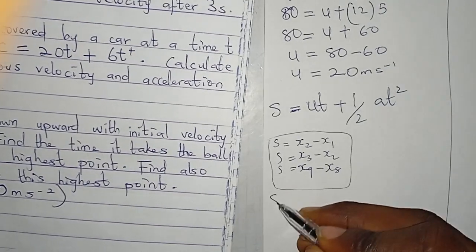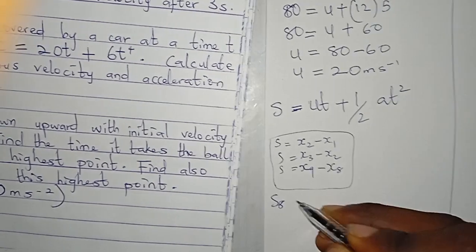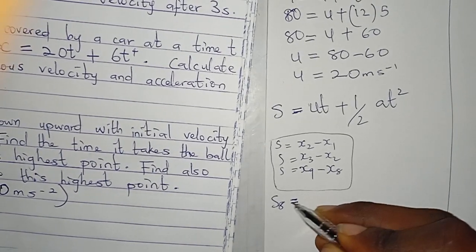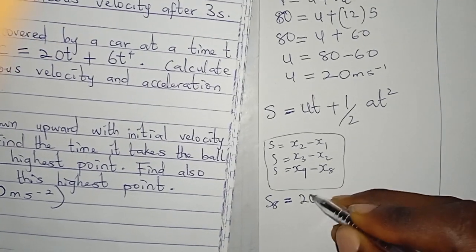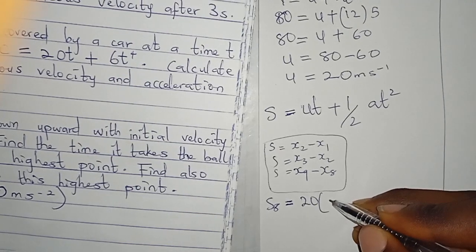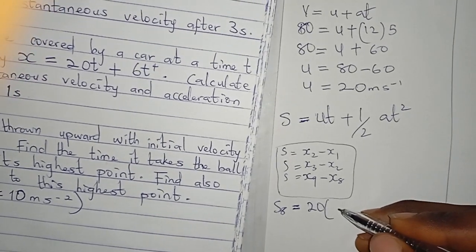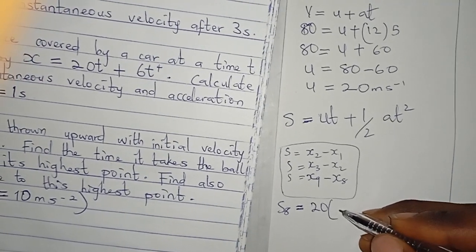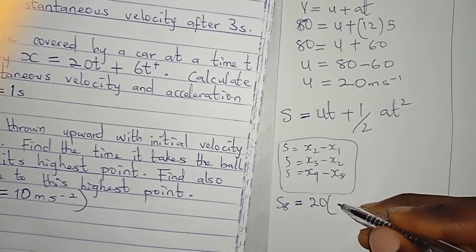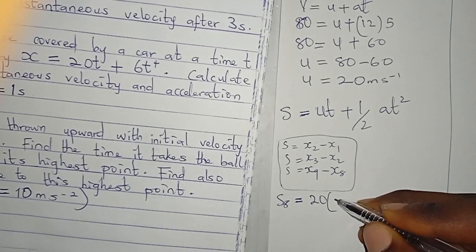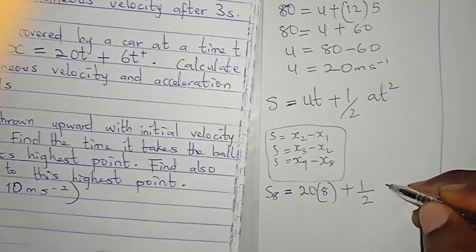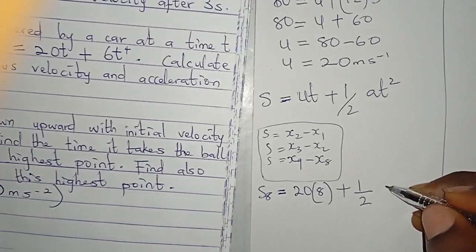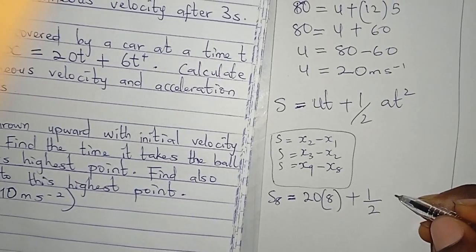So for that reason, displacement in the 8th position, that is in the 8th second, should be u, 20, into 8, plus half a is 12.